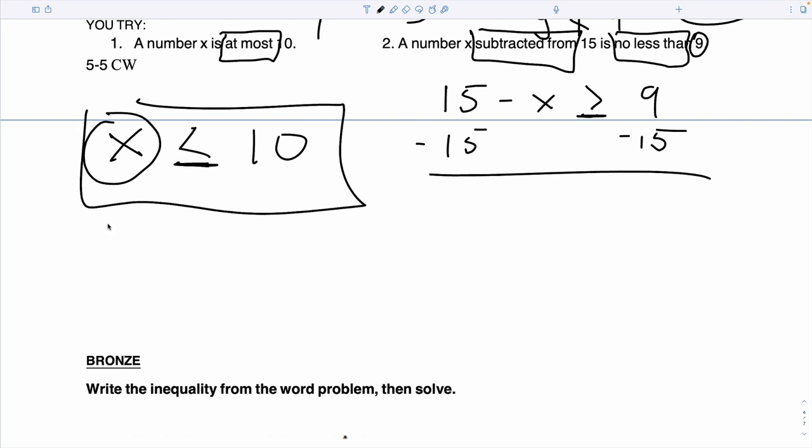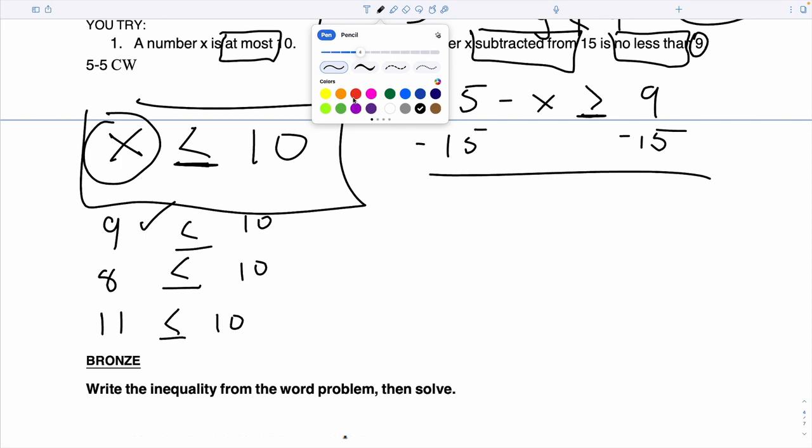So you could put in the number 9, that would work. You could put in the number 8. Notice how all of these are less than 10. Okay, so the x is the numbers that would work. If x is at most 10, you couldn't have it be bigger than 10. That wouldn't work. 11 is not at most 10.